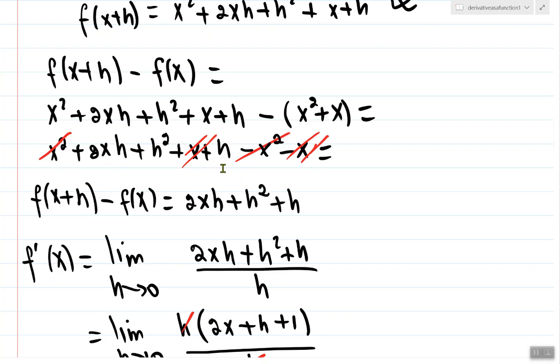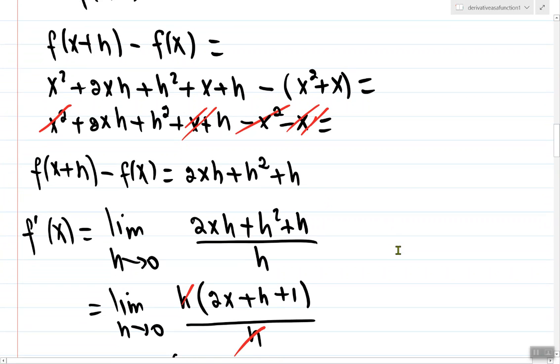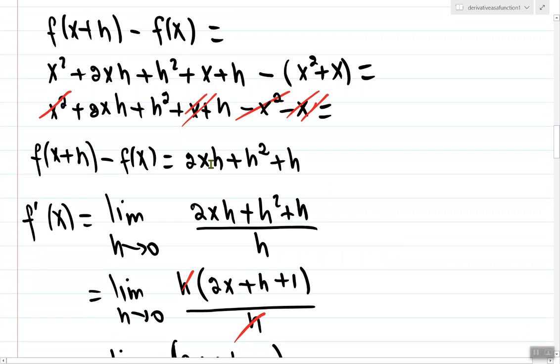So x squared minus x squared is 0, x minus x is 0. So f of x plus h minus f of x is going to equal 2xh plus h squared, and then plus h. That's what's remaining. But then we need to divide the difference by h based on the definition.